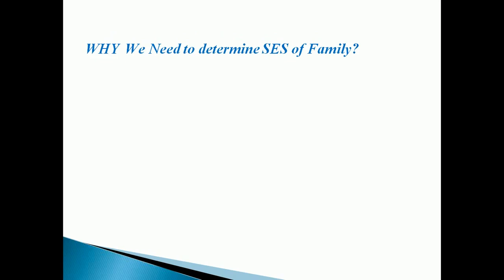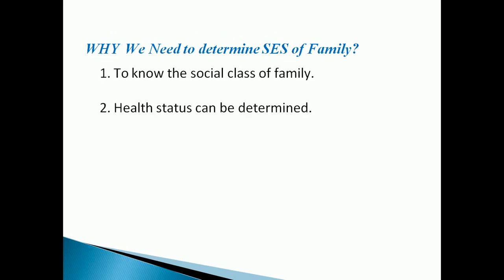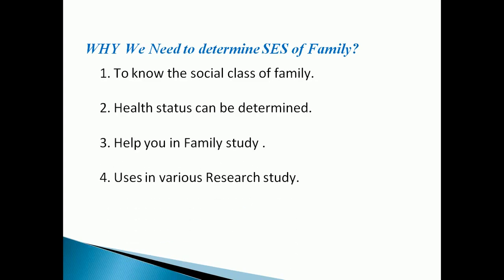So why do we need to determine socioeconomic status in the family? Because we have certain objectives. First, to know the social class of the family, whether the family belongs to the low class, middle class, or high class. Coming to health, we can also know the health status as per the SES, and it also helps in family studies, or it is used in various types of clinical research.